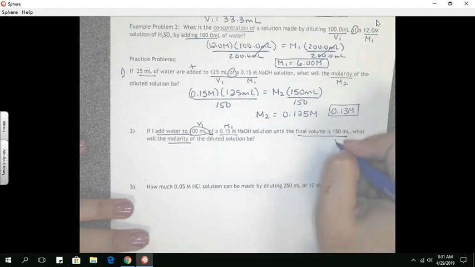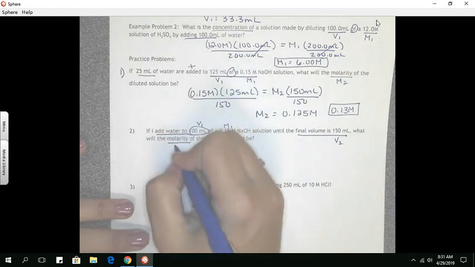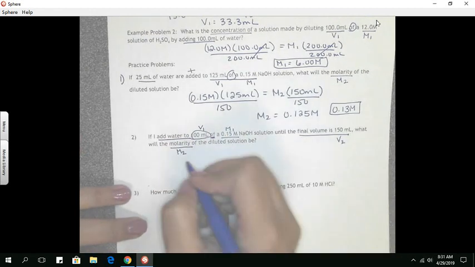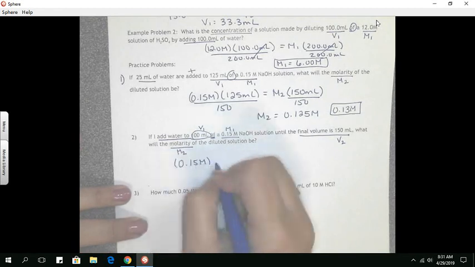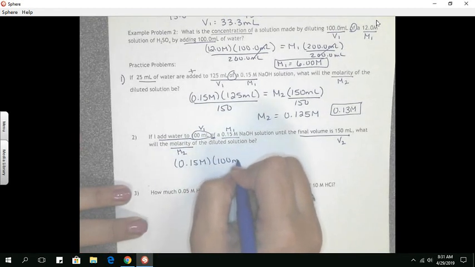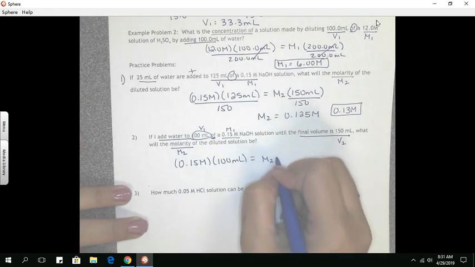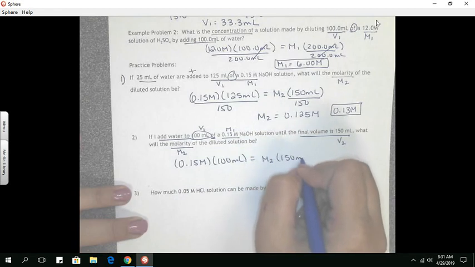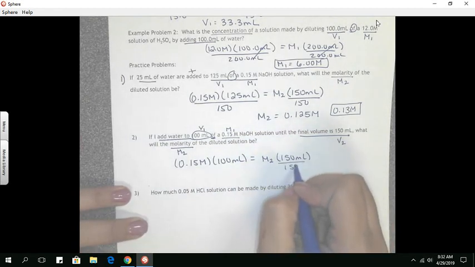Our final volume is 150 this time. And then what will be our new molarity? And so we plug into our equation, 0.15 times 100 milliliters equals our new concentration times 150 milliliters. And so then again we divide through by 150.